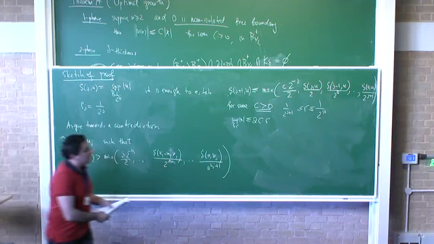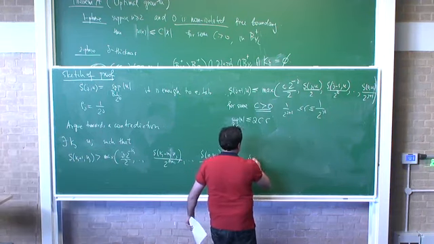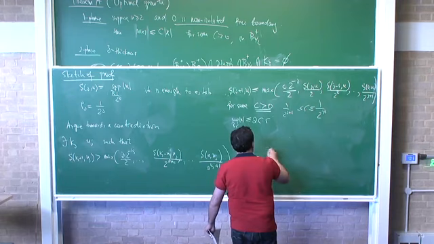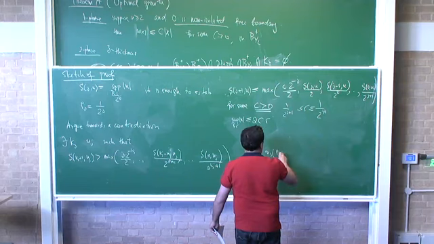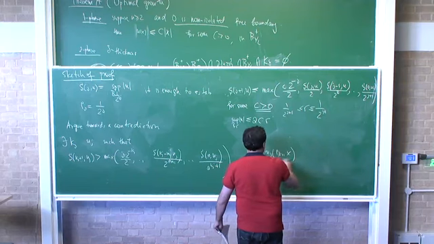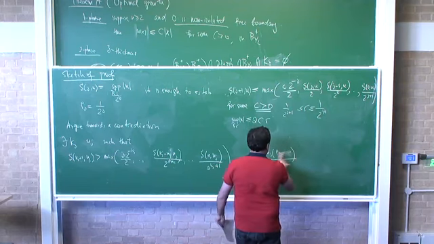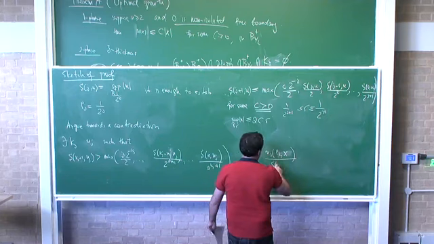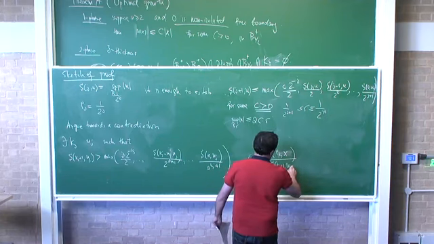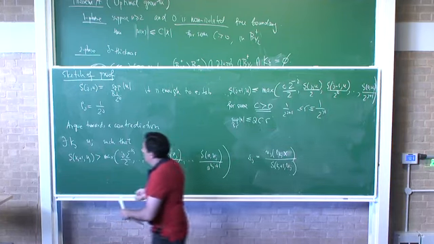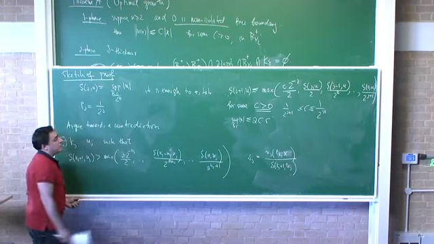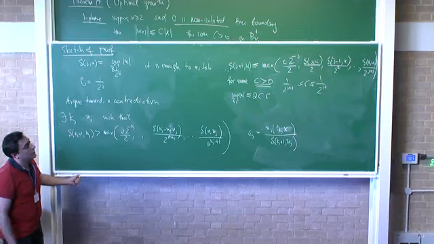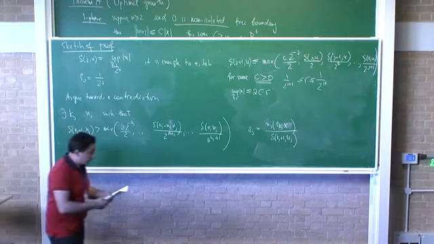And then you consider a scaled function, say v_j, which is defined as u_j(rho^{k_j} x) over S_{k_j+1}(u_j). And then you check that, in fact, this sequence of functions enjoys a number of interesting properties.